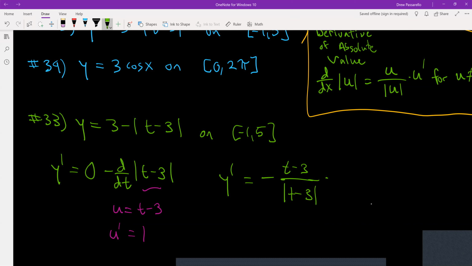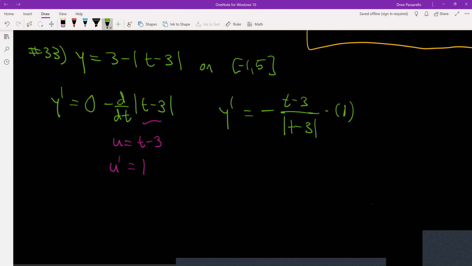If you want to be real thorough, u prime is 1, so times 1. All right, so y prime is negative, and then t minus 3 up top, divided by the absolute value of t minus 3.